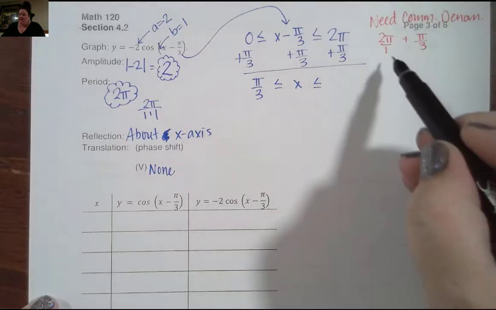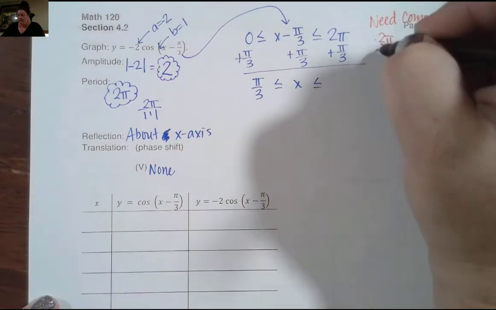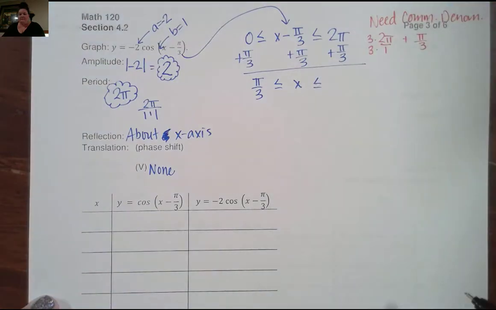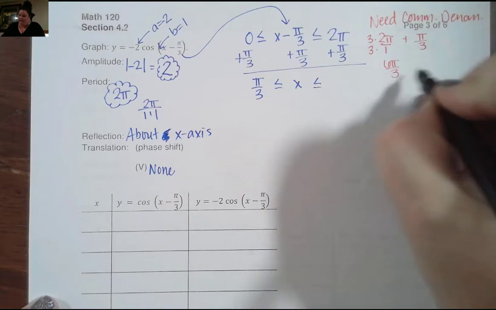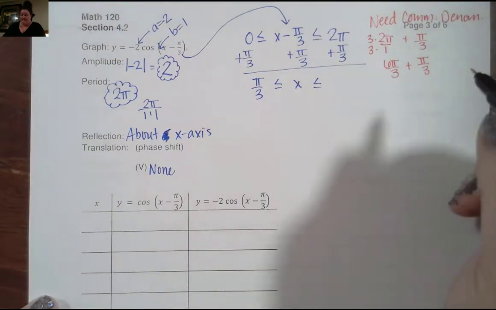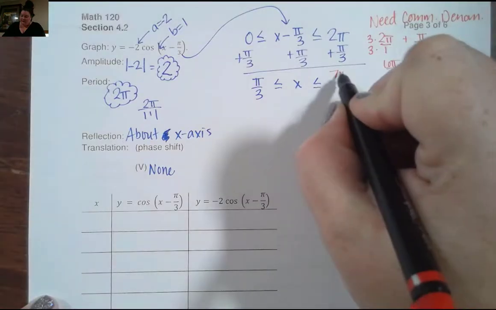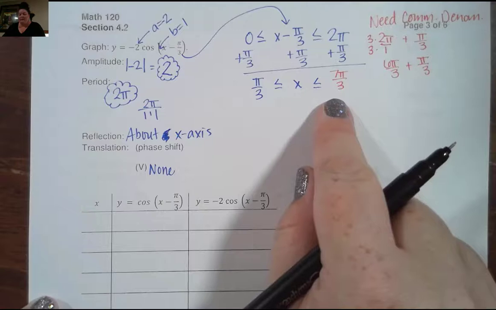And then you can see our common denominator should be 3. So we're going to multiply this one on top and bottom by 3. So that's going to give us 6 pi over 3 plus pi over 3 is going to be 7 pi over 3. Okay. So here, notice we still have a period length of 2 pi.